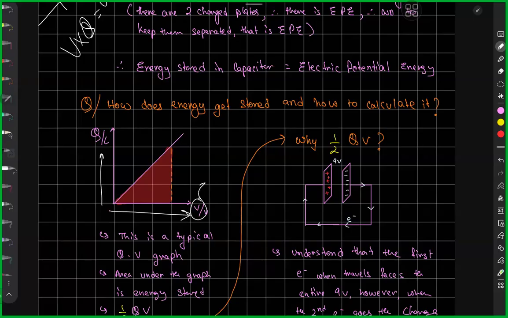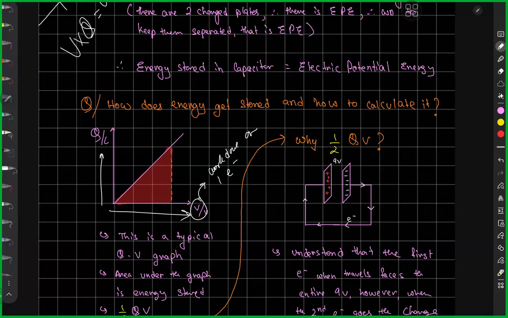What does voltage mean? Work done on one electron. So as more electrons get stored up, more work is done on each electron. So it's a proportional line. It's a straight line. Fair?